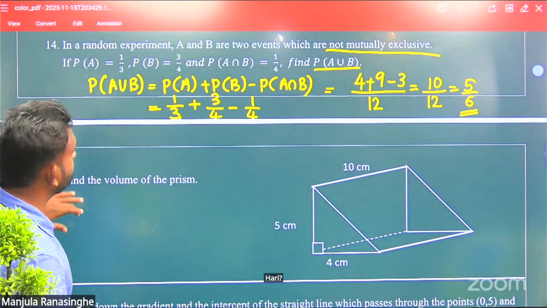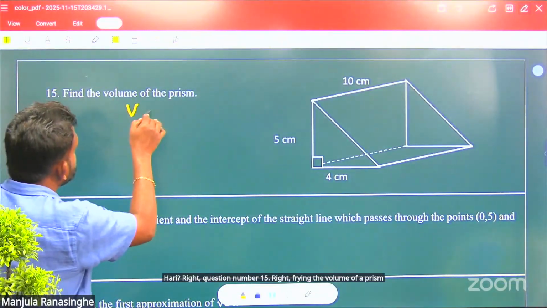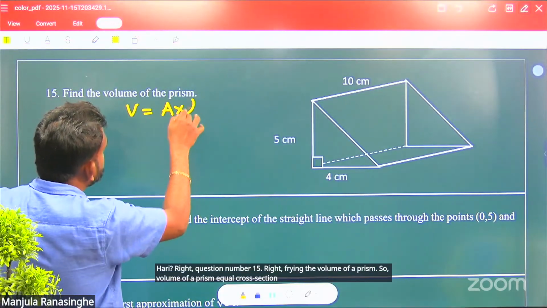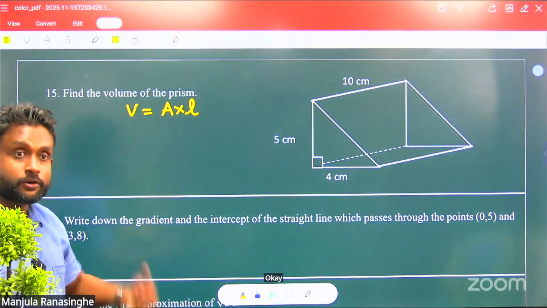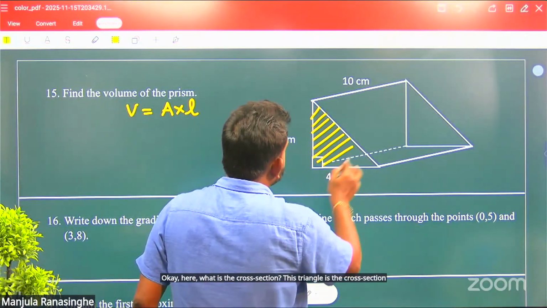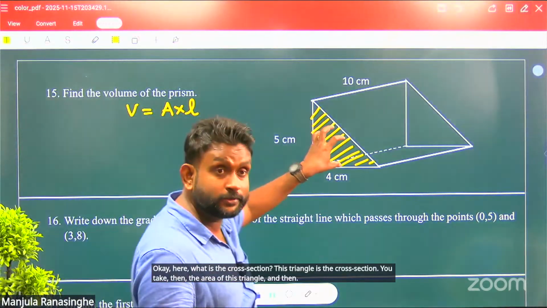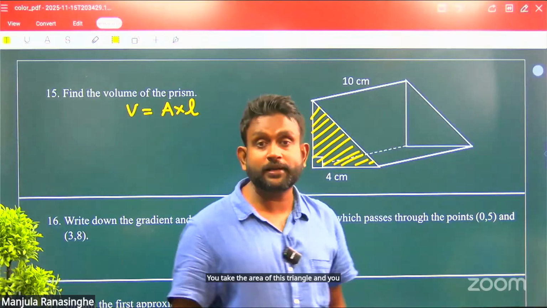Right, question number 15. Find the volume of a prism. Volume of a prism equals cross sectional area into the length. Here the cross section is this triangle. You take the area of this triangle and multiply it by 10.